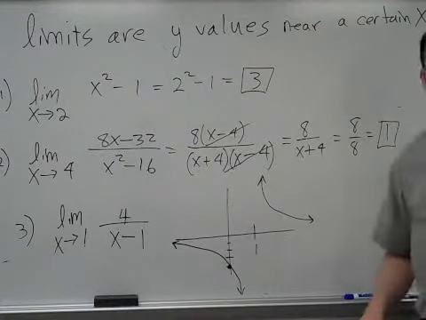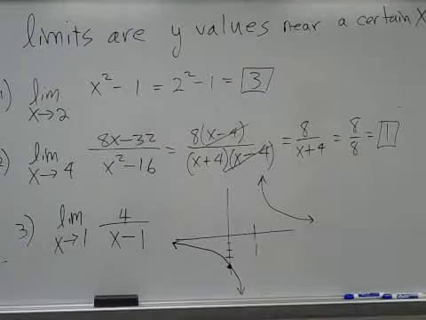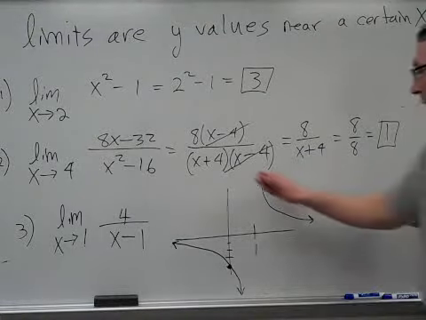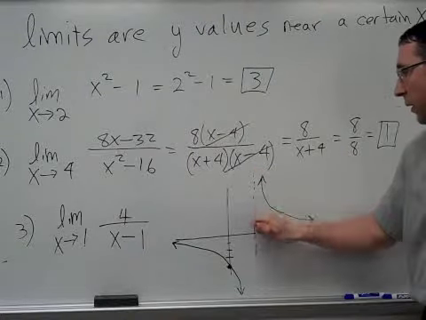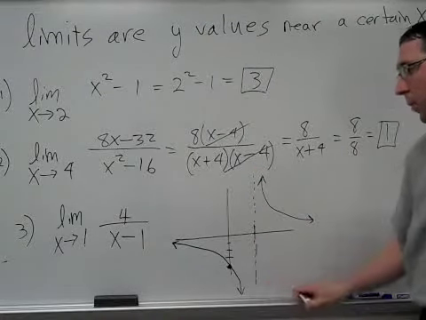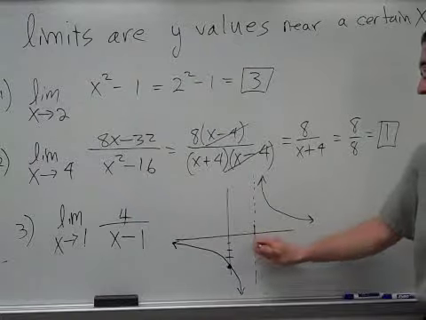Now you can get that information off your graphing calculator, or you can graph it by hand. Sure, the calculator is a lot better. So what's happening at x equals 1 is called a vertical asymptote at x equals 1.